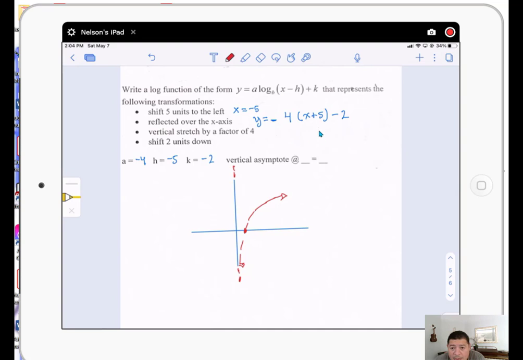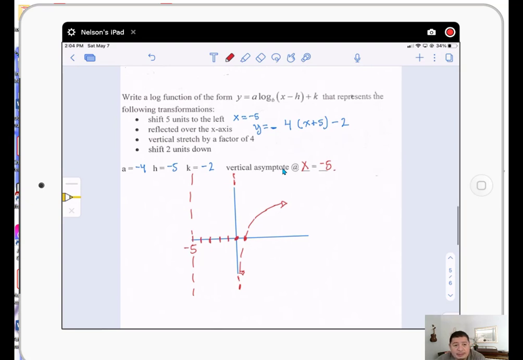And according to what we have over here, it's going to be moved 5 units to the left. 1, 2, 3, 4, 5. And so now we're able to see it better. For this one, it's not asking us to graph it, but I always like to move the parent graph. And so I know that my vertical asymptote is going to be where x is equal to negative 5. And there you have it.